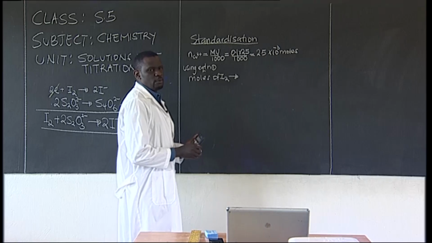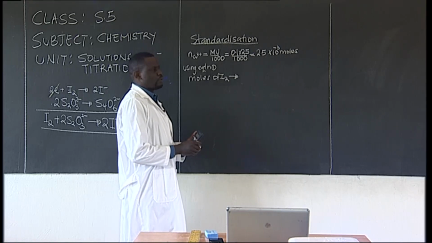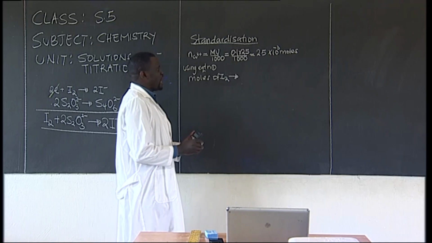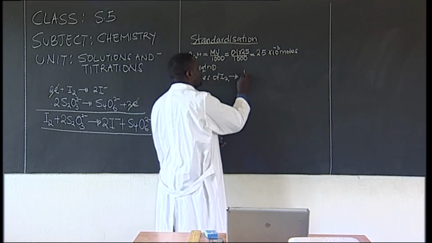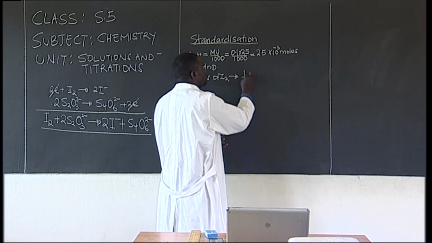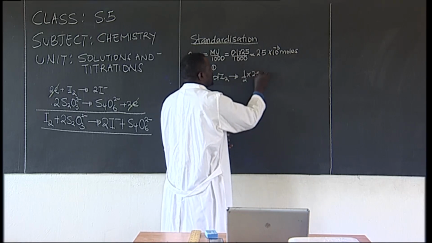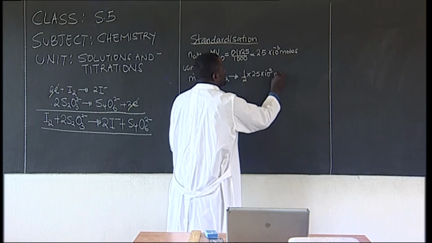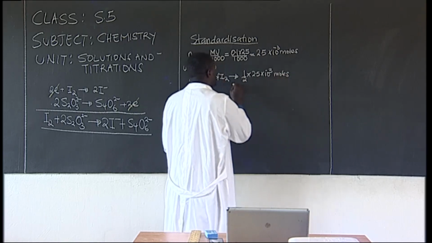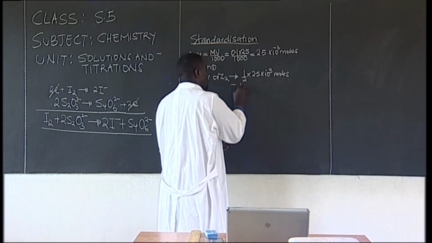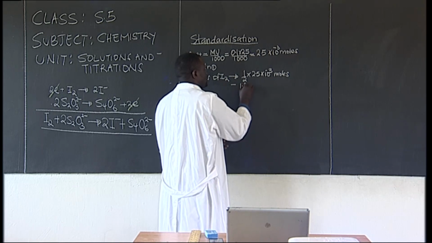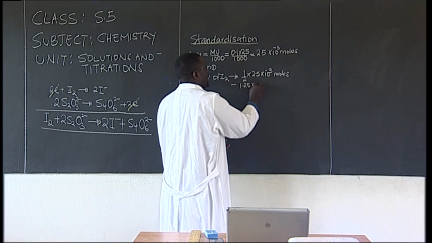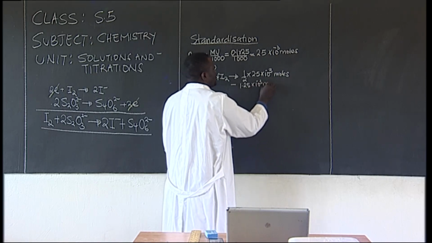Using the mole ratio, this will be 1/2 times 2.5 times 10 to the power negative 3 moles, so our value here will be 1.25 times 10 to the power negative 3 moles.